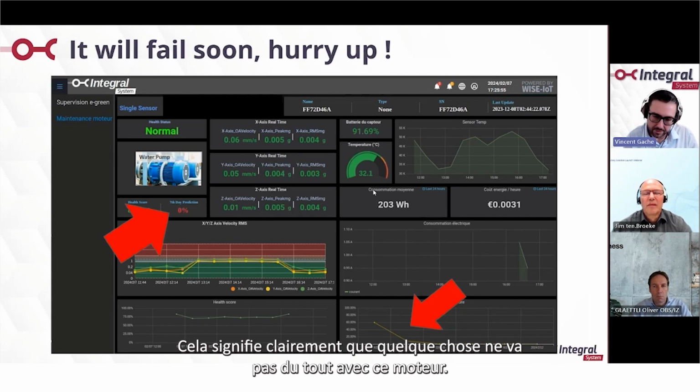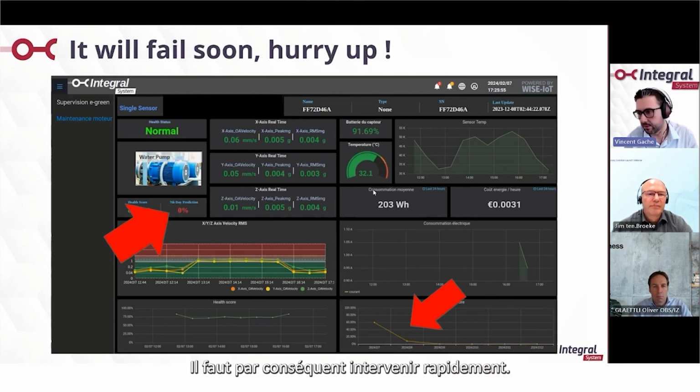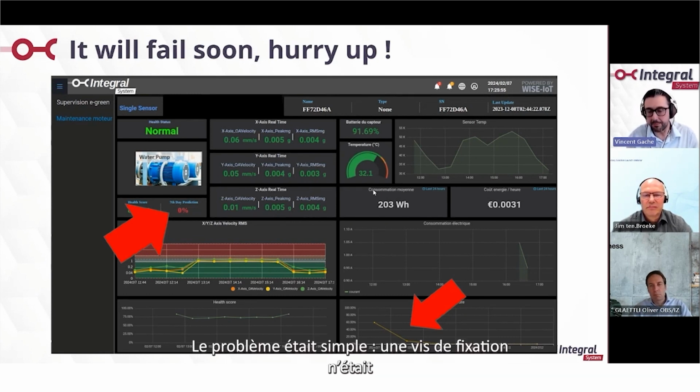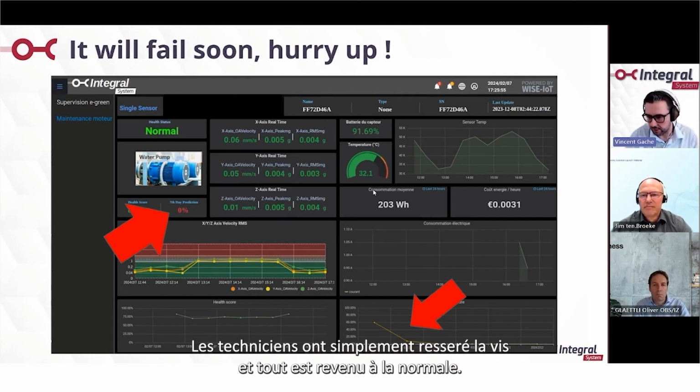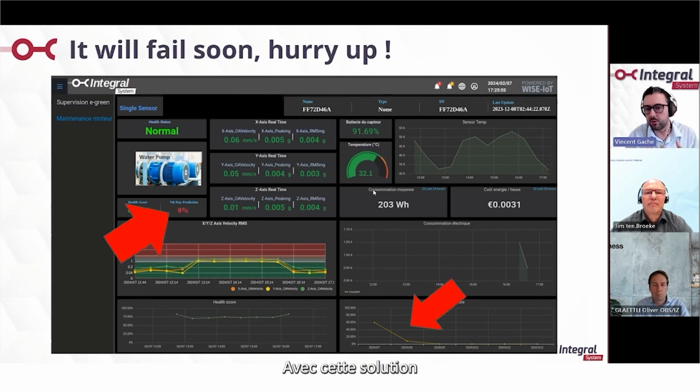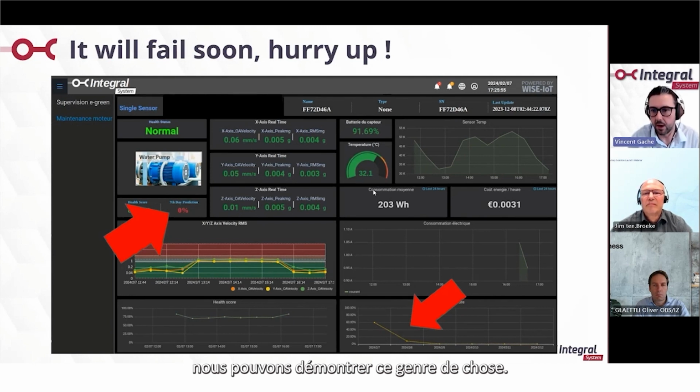And so it was saying something is going to be really wrong with your motor. Please check it really quickly. And by the way, that was just a small screw which was not tight enough to fix the motor. So they just tightened it, and everything went back to normal. So with this kind of solution, we can achieve this kind of thing.